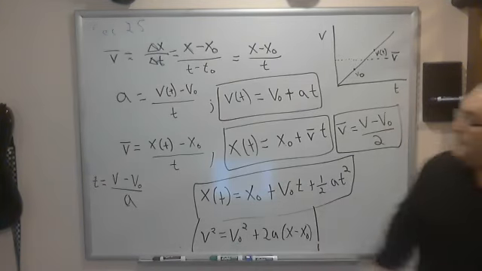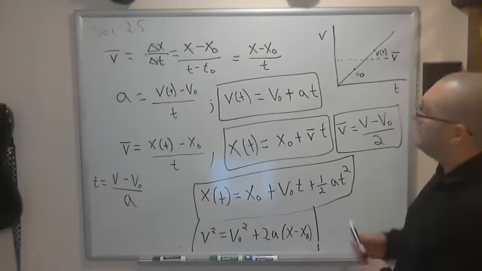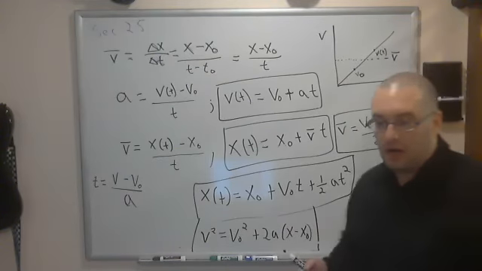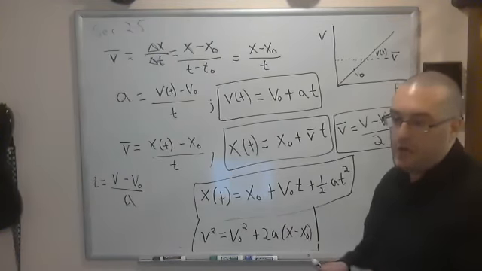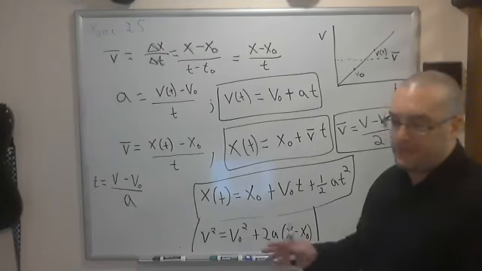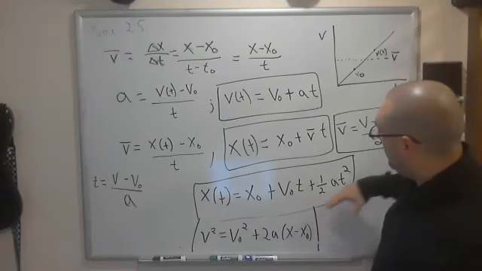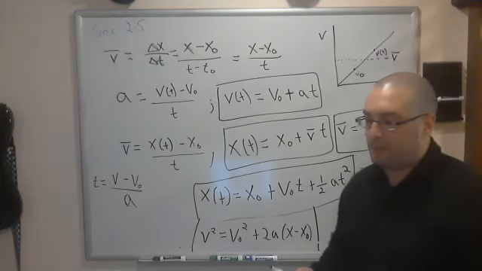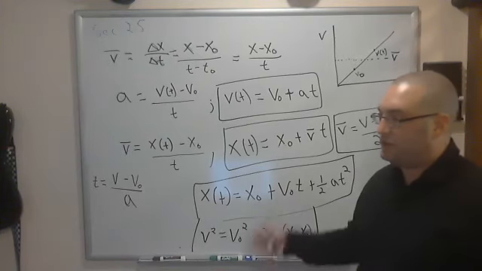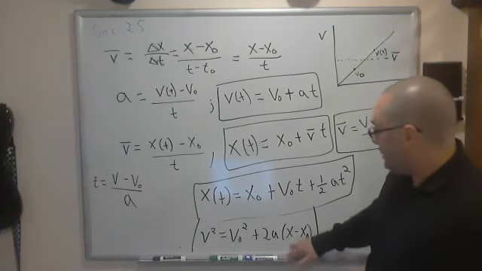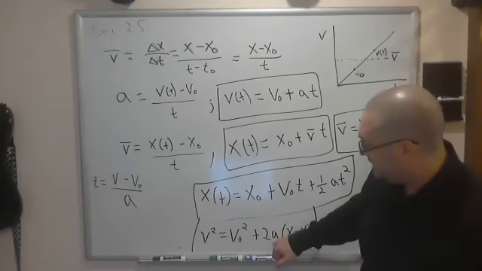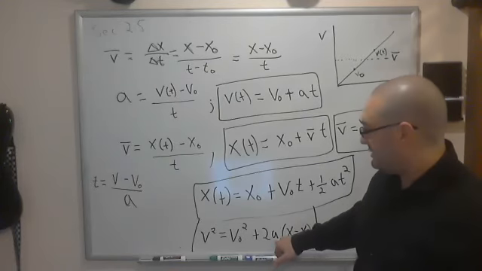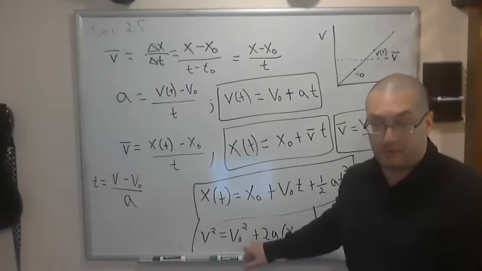So for problems, you have to look at the initial parameters that they give you. Oh, after a certain amount of time, this happens. Oh, so then I know that time is important over here. Or if you hear a problem like the ball travels a certain distance, which is this x minus x naught, under a constant acceleration, and it starts at rest.